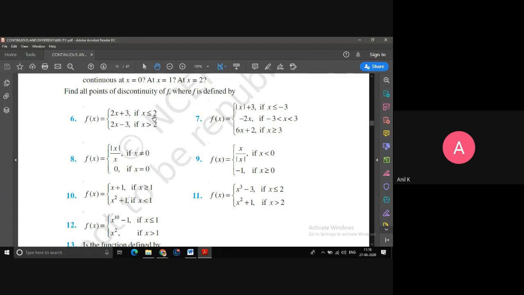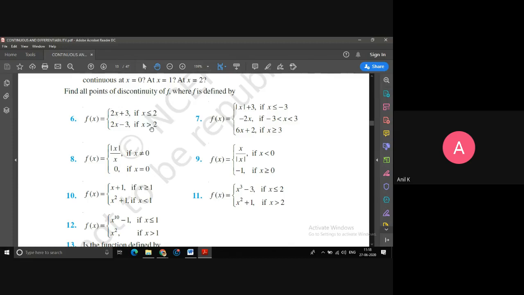If I want to find the left limit of the function, that is x less than or equal to 2, your f of x is going to be 2x plus 3. So what do you get here if I substitute x equals to 2? 2 times 2 is 4, plus 3, 7. So the left limit is going to be 7.